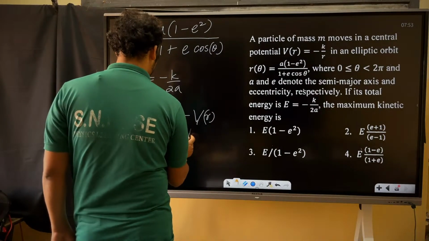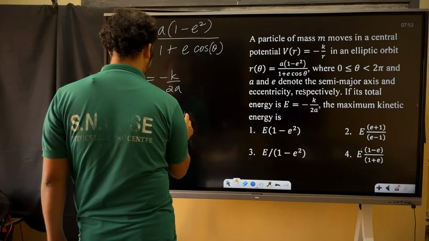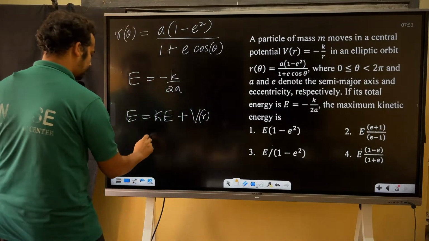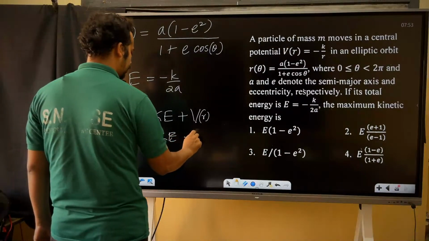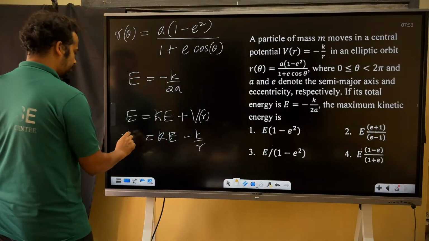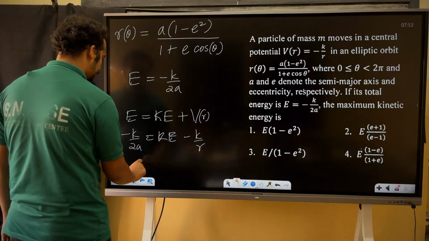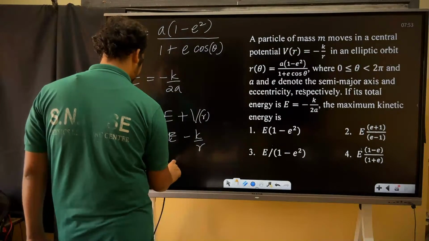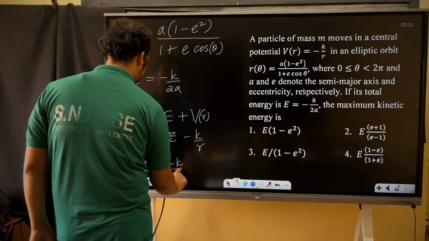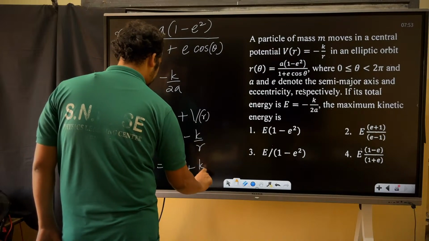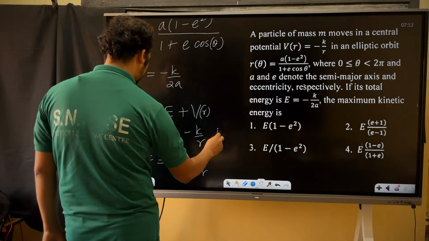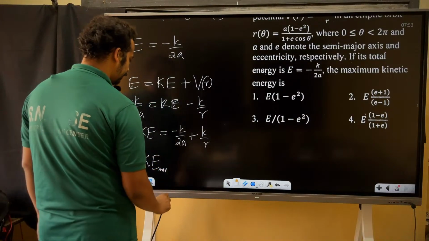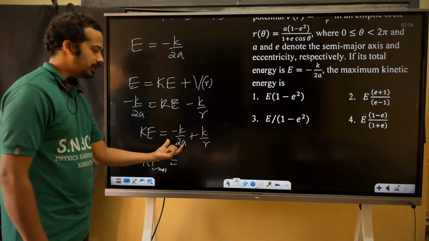What is this V of r? Minus k by r. So kinetic energy minus k by r equals minus k by 2a. Kinetic energy equals minus k by 2a plus k by r. When will this kinetic energy be maximum? This one you can't change.